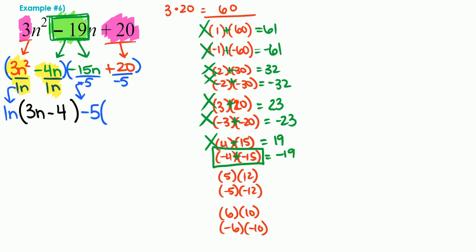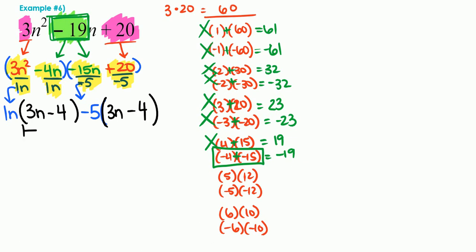Setting up another set of parentheses there, I'm going to divide out that negative 5. So starting with negative 15n divided by negative 5. So negative 15 divided by negative 5 gives me 3n. Okay, remember I still have an n there. Then taking positive 20, dividing it by negative 5, well, that will give me a negative 4, or minus 4.